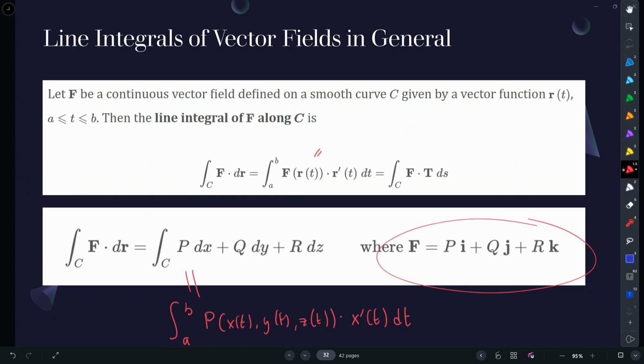And when you are doing this integral up here, when you do the dot product, what you're doing is P evaluated at r times r prime of t, do that dot product, and you are going to get P times x prime of t plus then the second component, Q evaluated at r(t) times y prime of t plus R times z prime of t dt.